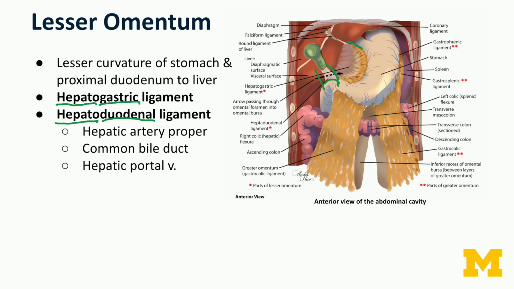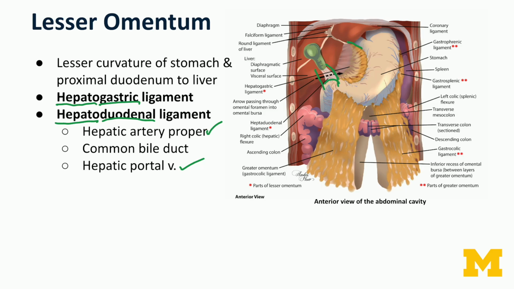And we'll see that this hepatoduodenal ligament is going to conduct important elements of neurovasculature to and from the liver. So we have, going to the liver, two sources of blood, the hepatic artery proper and its branches, as well as the hepatic portal vein and some of its tributaries that are conducting blood to the liver, both from the celiac trunk that comes from the abdominal aorta and all of the lining of the GI tract through the hepatic portal system up to the liver as well.